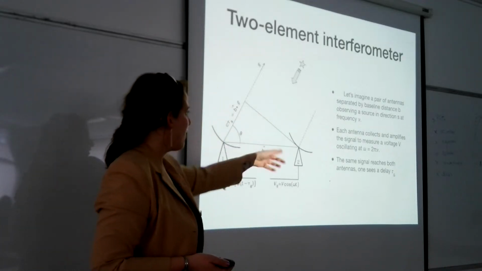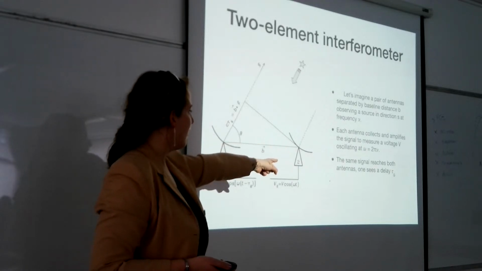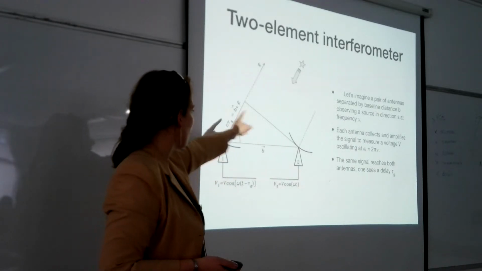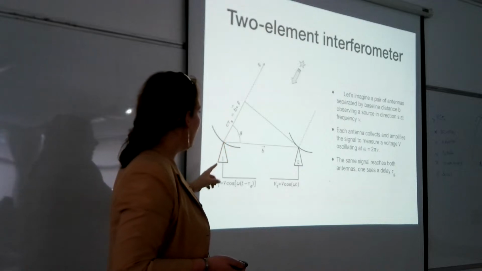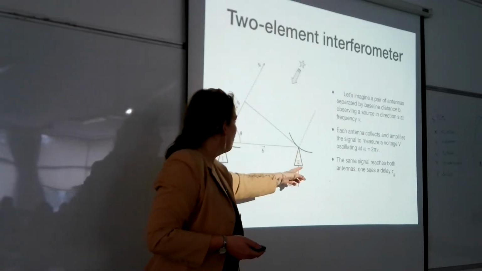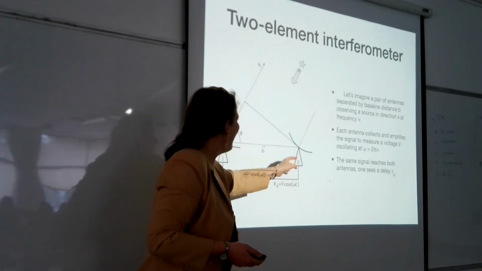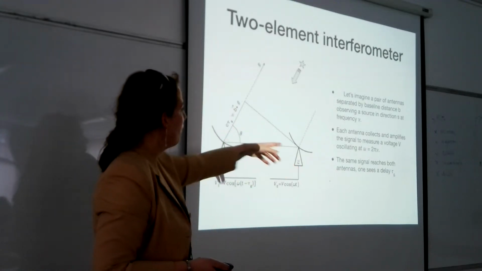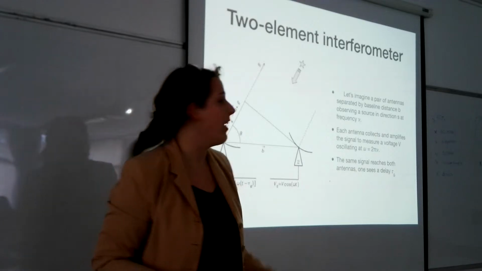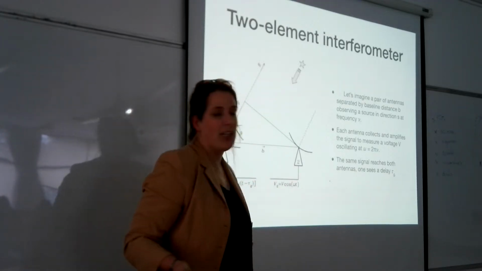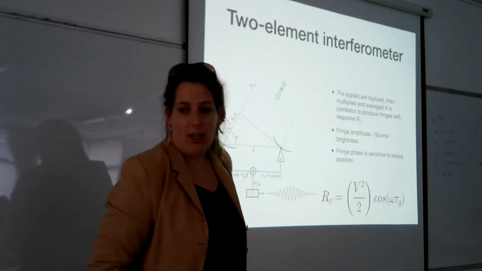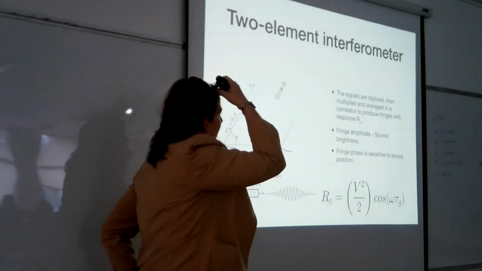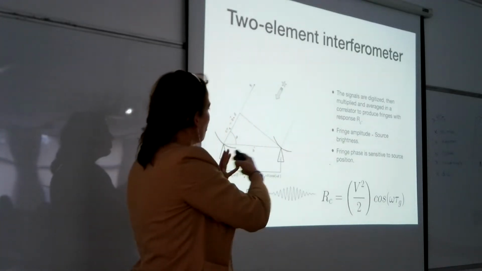So you now have this oscillating signal at antenna 1 and at antenna 2. At antenna 2, you see the same signal as at antenna 1 but with a certain phase delay, because the light arrives there a little bit later. The signals are digitized and then multiplied with each other.